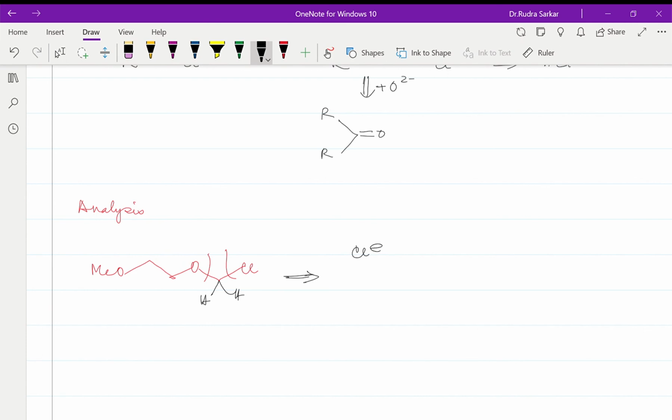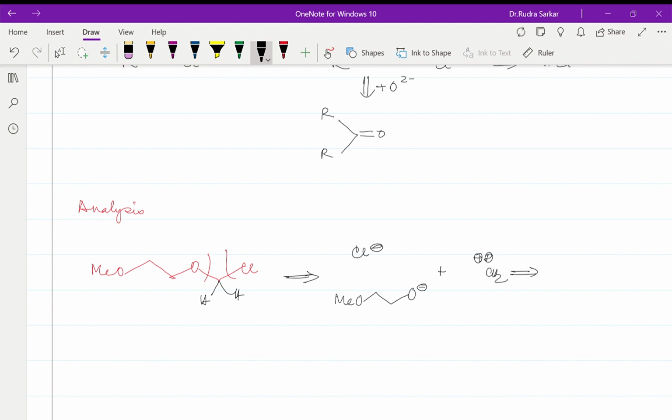Obviously it is Cl minus, and we have MeOCH2CH2O minus. Plus we have the other synthon, which is obviously CH2 plus plus.